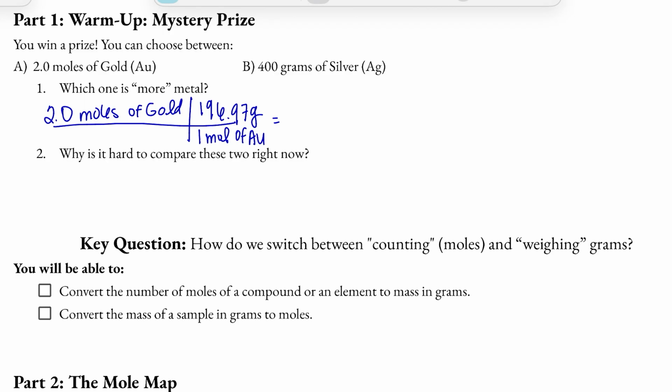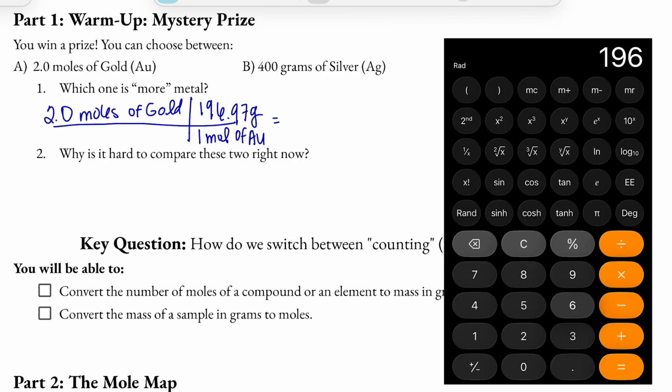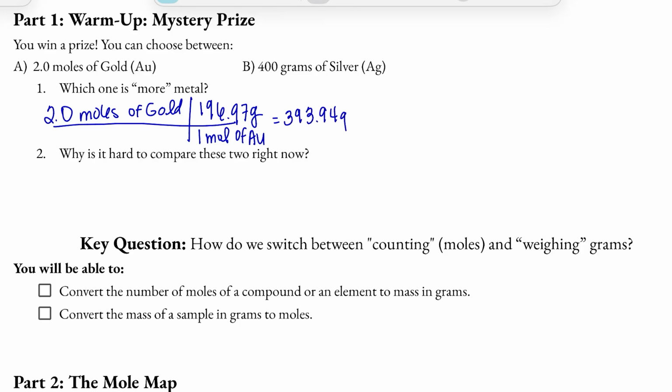So we're going to take our calculator and we're going to go 196.97 times 2, which is going to give us 393.94 grams. So 400 grams of silver is more than 393.94 grams of gold, and that is 2.0 moles.